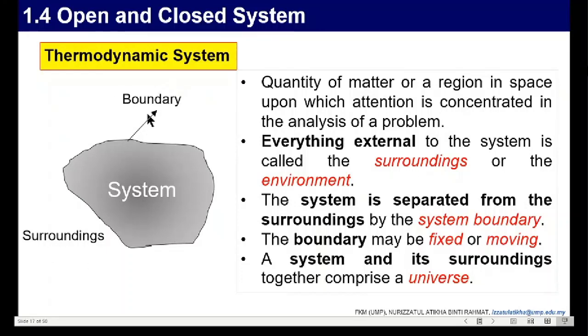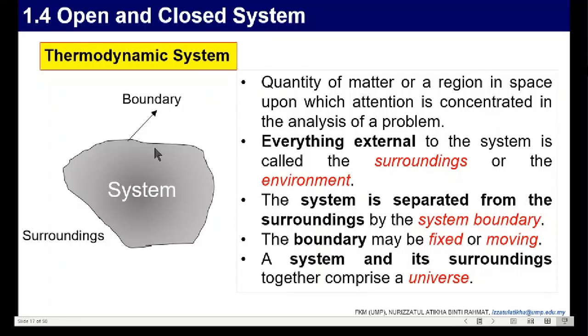And this boundary may be fixed or moving. We have either a fixed boundary, a moving boundary, or an imaginary boundary, where you cannot see the real boundary that separates the system and the surroundings.